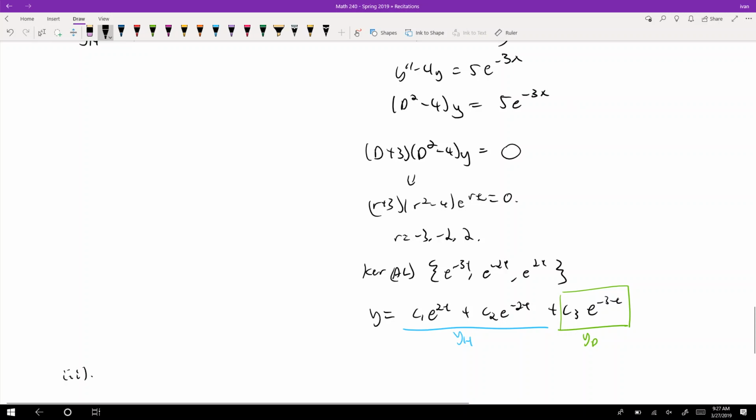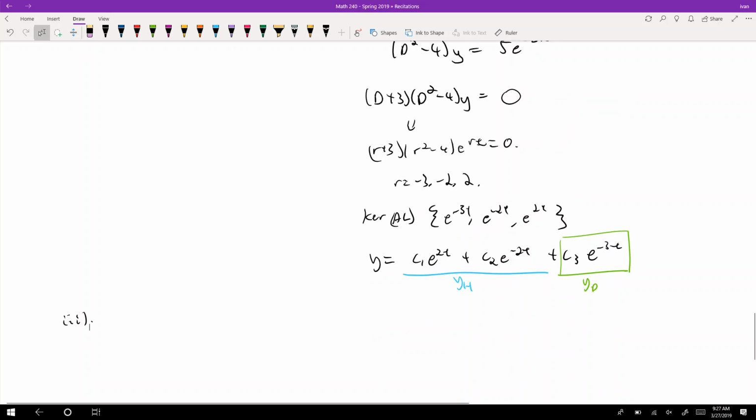Step 3 was to plug y_p back into the original equation to get the unknown constants. So we want to plug y_p into the original diffeq and solve for constants. In this case, y_p is c3 e to the negative 3t, but I don't like carrying that subscript 3 around all the time on the constant, so let's just give that constant a new name.